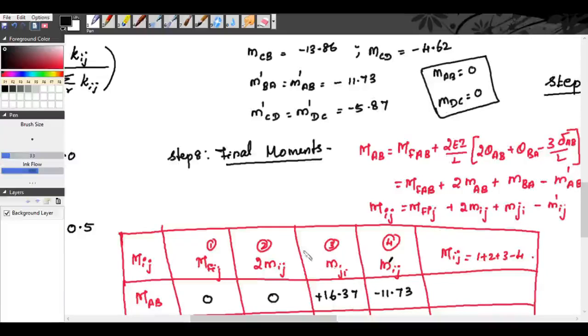Okay, sorry. What we are obtaining here is minus M dash ij, so you have to add all these. Actually, what we are obtaining here, the distribution contribution, is the negative values only, so there is no need of considering this minus sign.